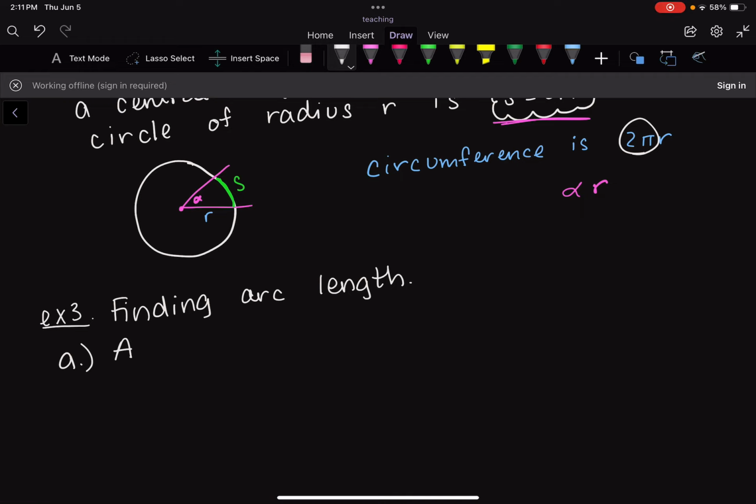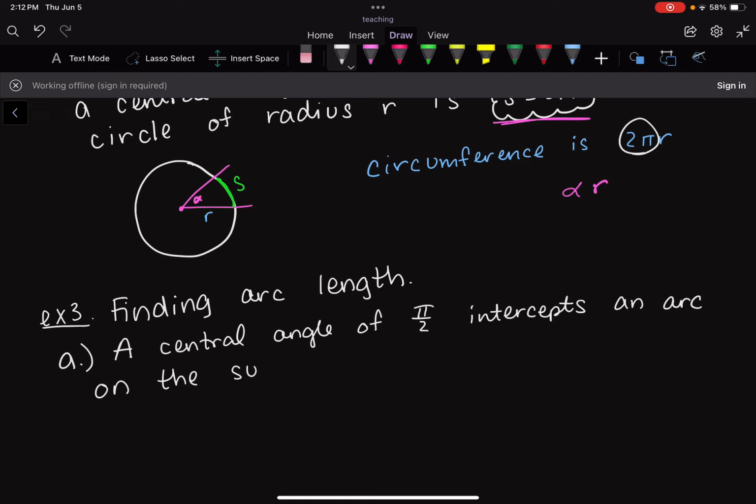A central angle of pi over 2 intercepts an arc on the surface of Earth that runs from the equator to the North Pole.